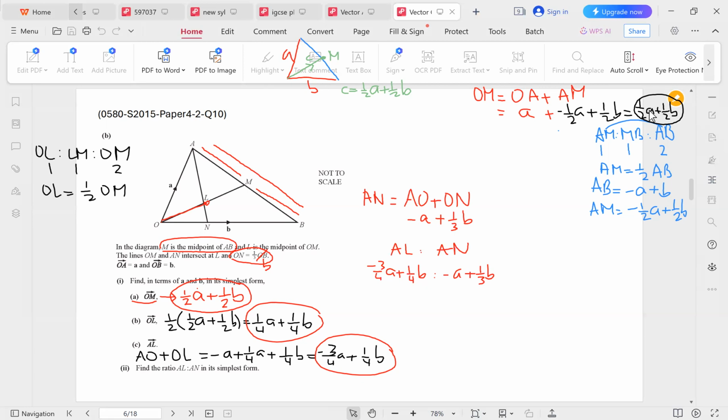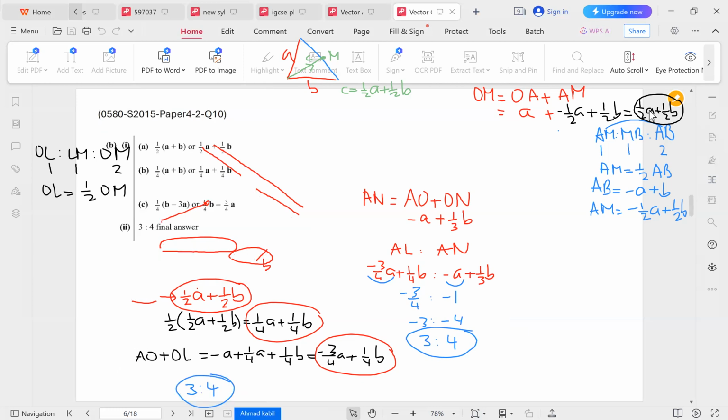So all you have to do is figure out how the ratio here is affected. So the ratio here is negative 3/4 to negative 1. You can multiply by 4. You would get negative 3 to negative 4. You can multiply by negative 1. So you would get the ratio as 3 to 4.